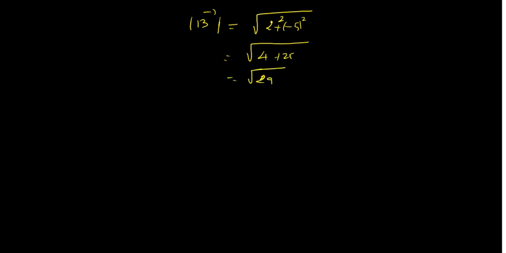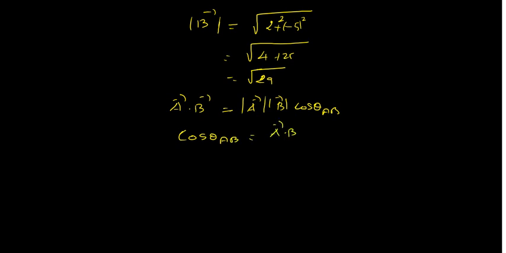Now let's come to the climax. So A dot B is equal to modulus of A vector, modulus of B vector, cos theta AB. These things you know. So cos theta AB is equal to A vector dot B vector divided by modulus A vector modulus B vector.